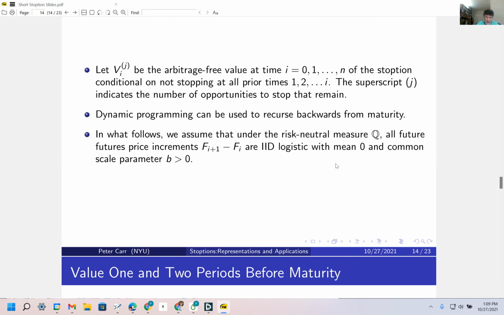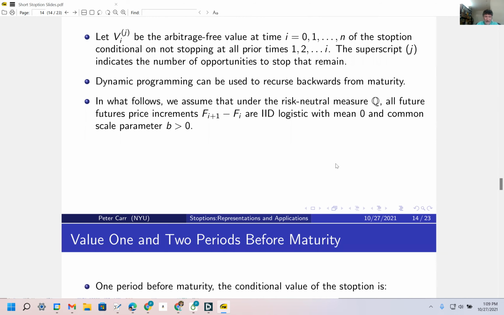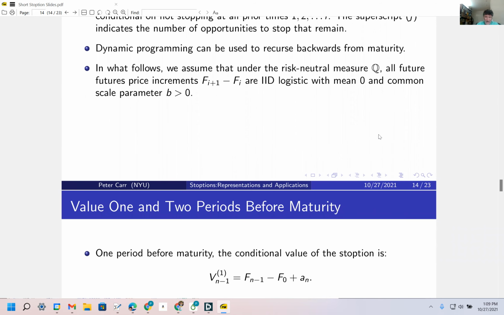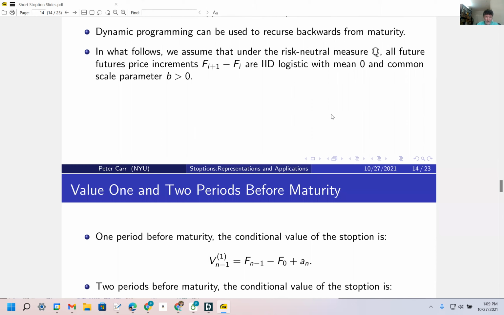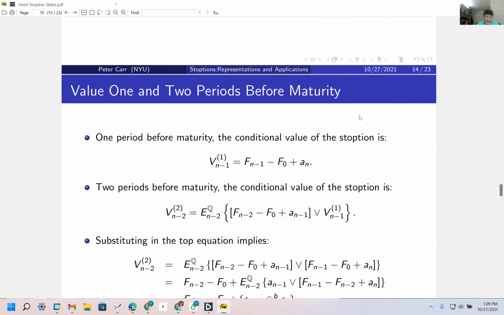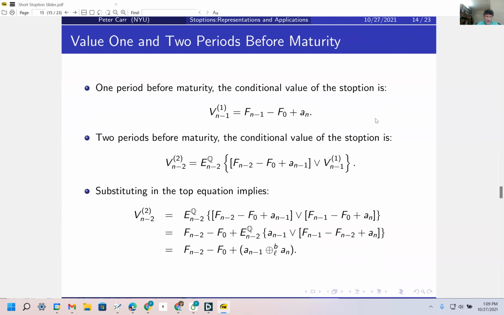So this is somewhat analogous to the Bachelier model, but the distribution we're using for price changes is not normal, but logistic. As a result, the parameter controlling the width is not a standard deviation, but rather the so-called scale parameter of a logistic, which is just a positive multiple of standard deviation.